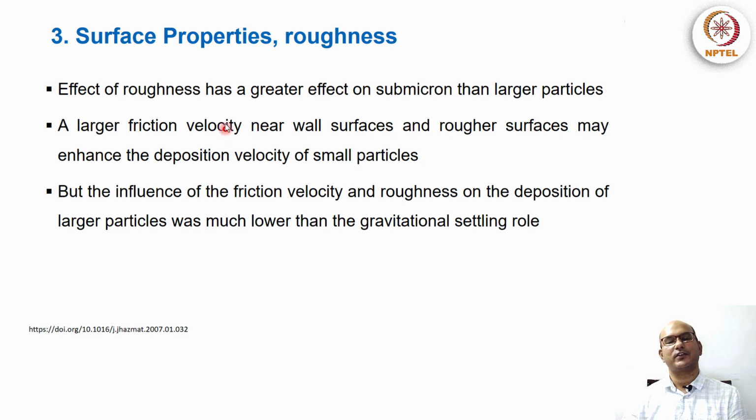Now sometimes the effect of roughness is much greater on the submicron particles, because we have larger friction velocity near the wall surface, and the rough surface may enhance the deposition velocity of the small particles. But the influence of friction and roughness on the large particle deposition was lower than the gravitational settling. So increasing the roughness increases the deposition, but not as much, because gravitational settling itself is also very important for the larger particles.